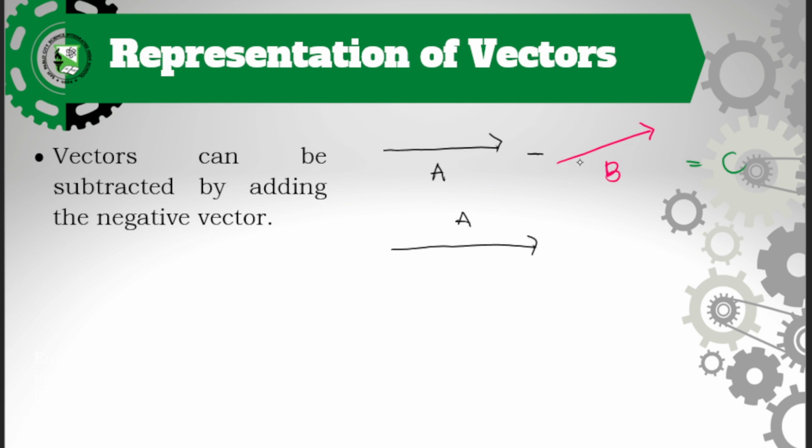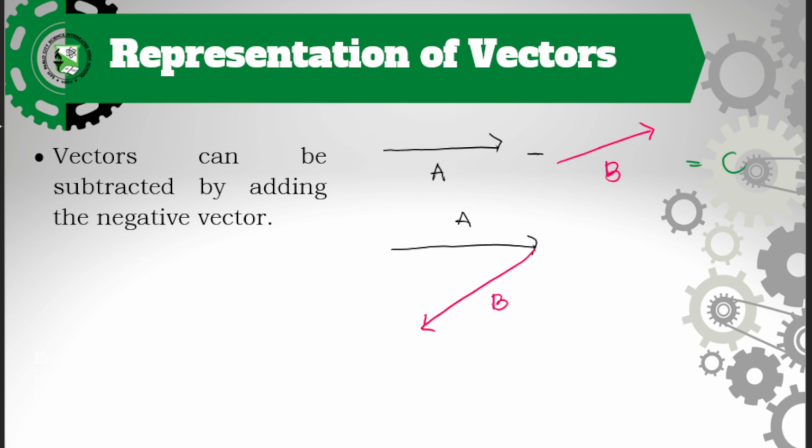Kung ininegate natin siya, papalitan lang po natin yung direction, pero yung magnitude ay same pa din. So, kung papunta siya dito, vector B would supposedly go this way.